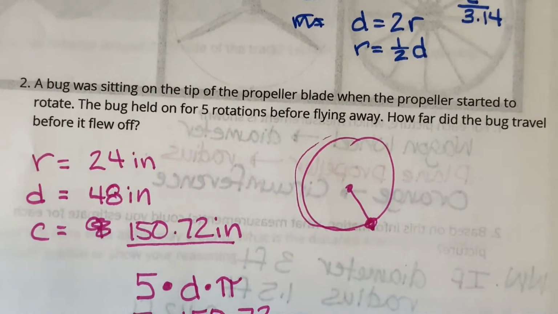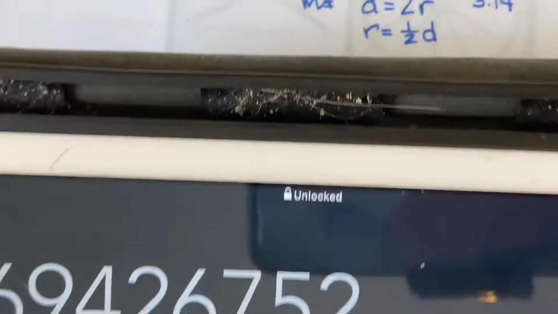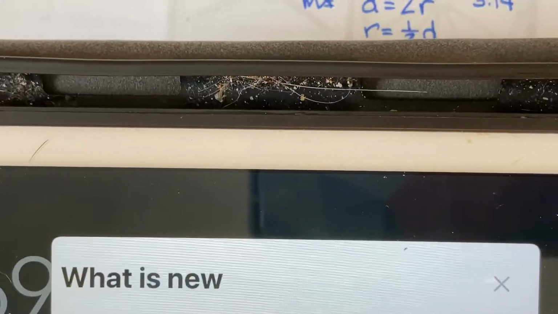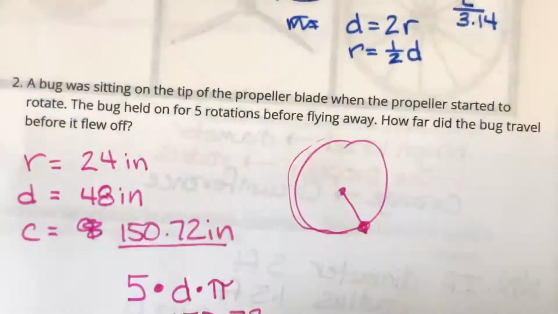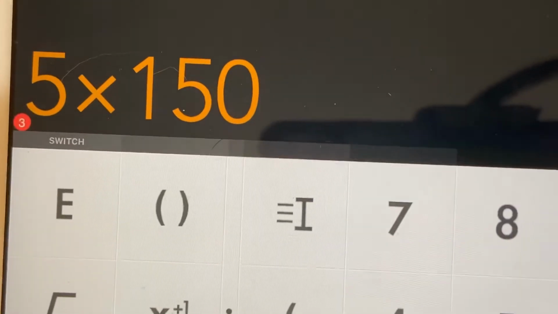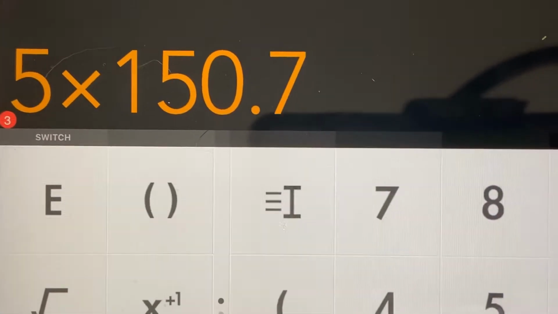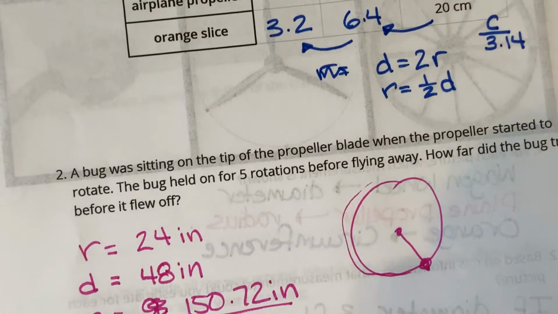I'm gonna clear that on my calculator. So I would do 5 times 150.72. And he went 753.6 inches.